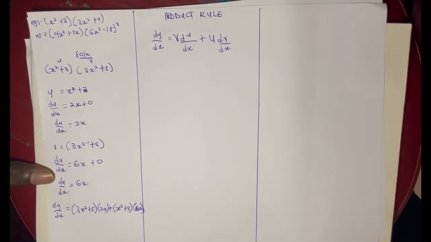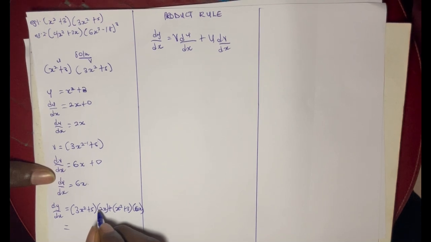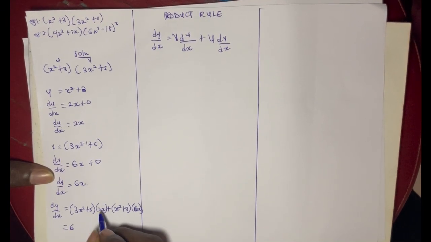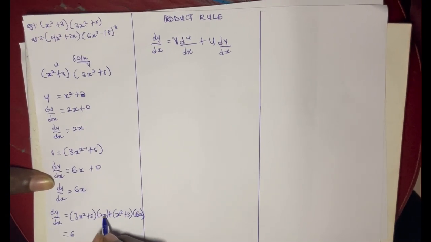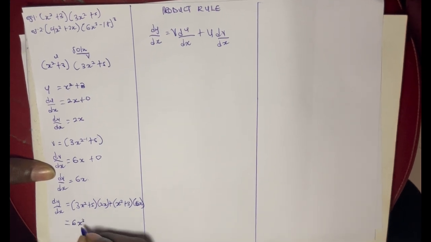So you are going to multiply them. This 2x is going to multiply everything here. 2 times 3 gives you 6. We have x and we have x squared; if you have the same variable, you add the exponents, so x times x squared gives you x to the power 3.